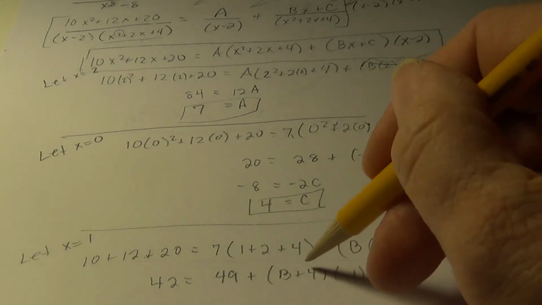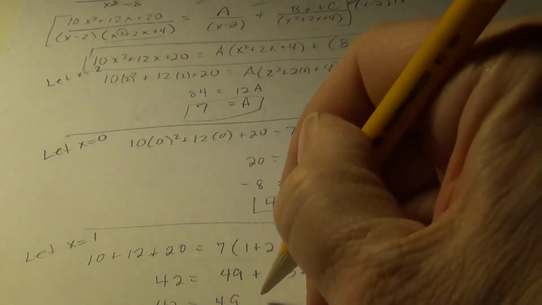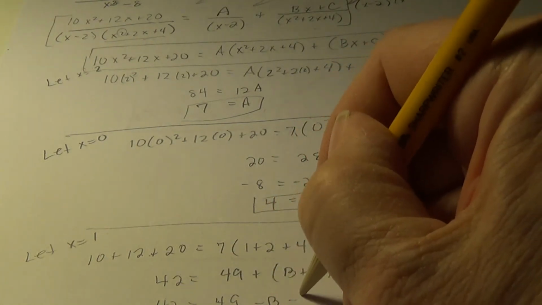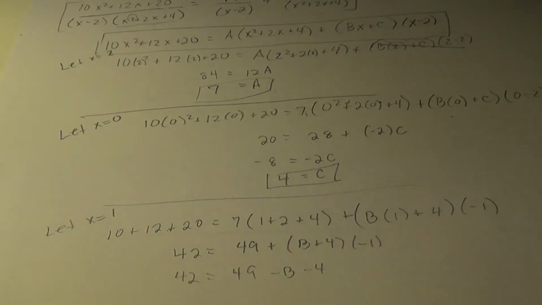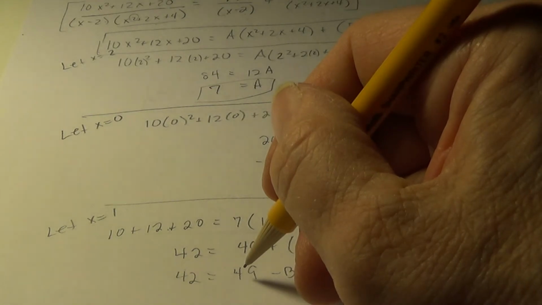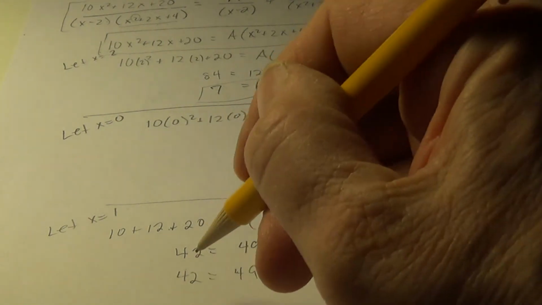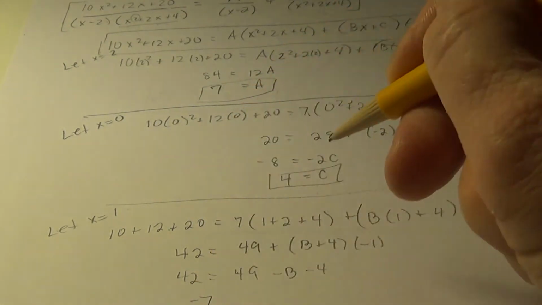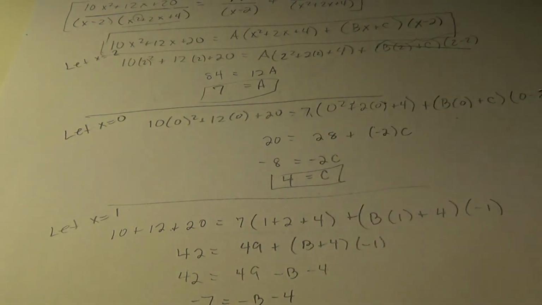Distributing the minus 1, I have 42 equals 49 minus b minus 4. Solving, I move the 49 over, and 42 minus 49 is minus 7, equals minus b minus 4.